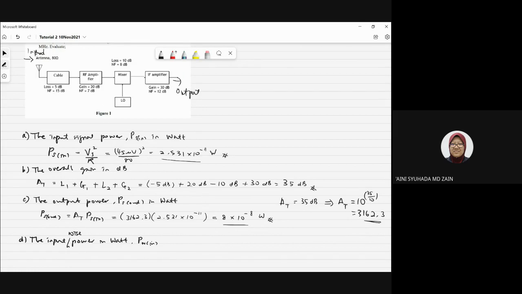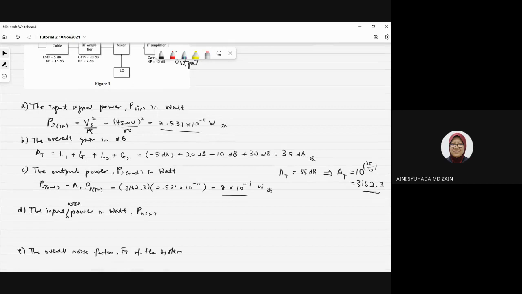So the input noise power. You need to use the given Boltzmann constant K, 1.38 times 10 to the power of minus 23.